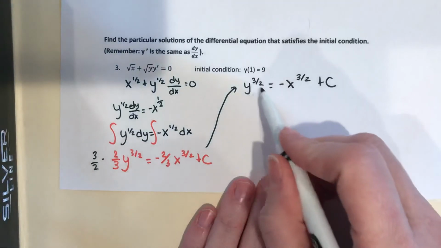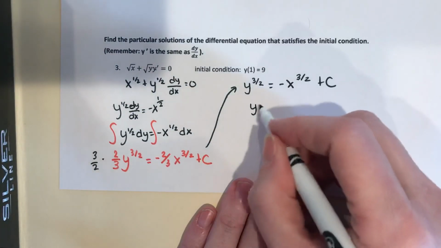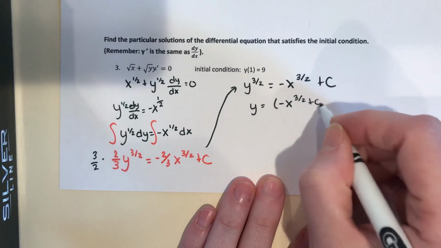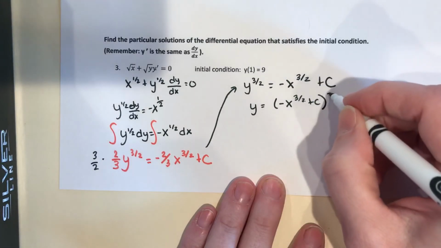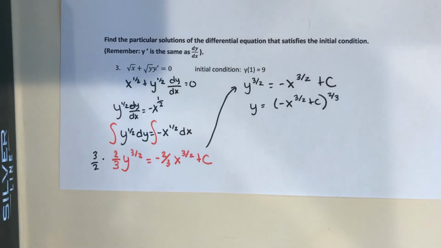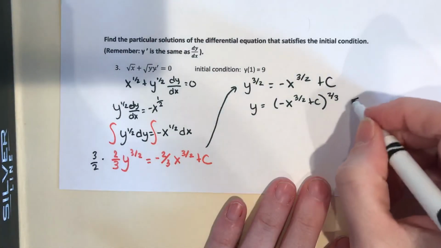And then to undo this fractional exponent, I can just move it over to the right side by multiplying by a reciprocal exponent. So there's my general solution. I'm going to just label that.